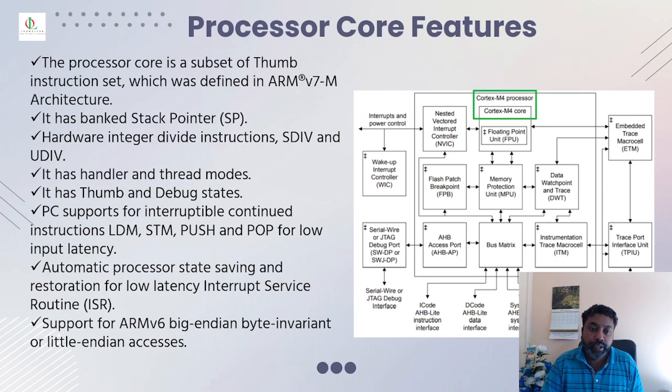We're going to use this V6 version with big endian and byte invariant, or little endian. Big endian stores your most significant byte, and little endian stores your least significant byte in your 32-bit word. So that's what it supports. So this is the main core features.